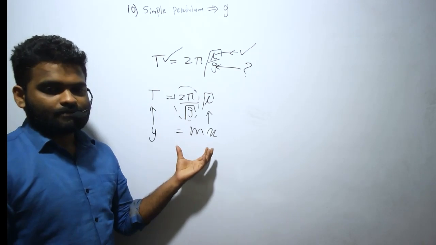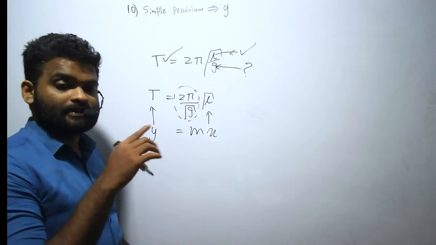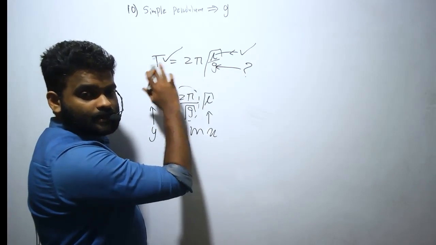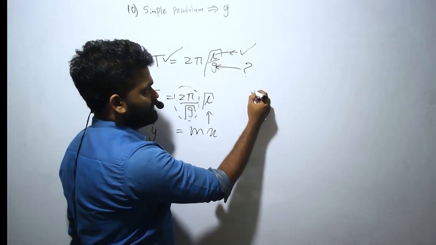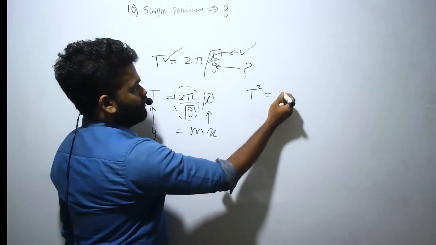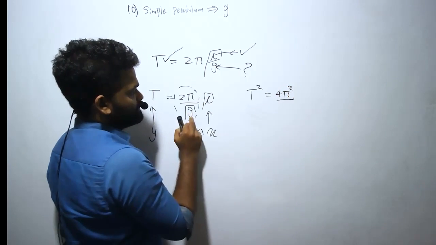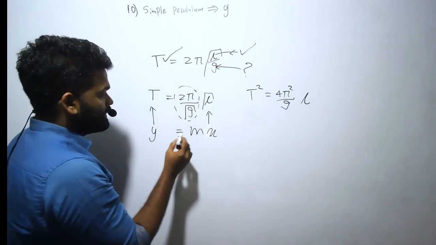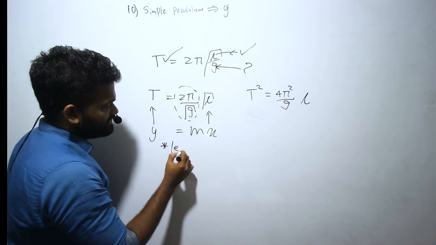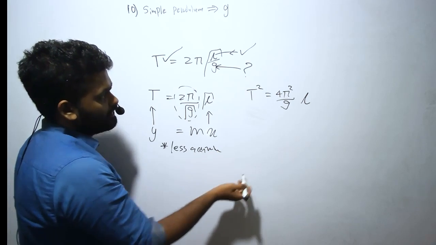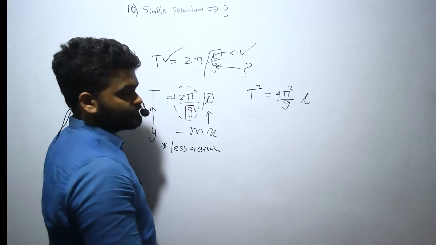The more accurate method is, in the book you can see, they have squared both sides, right? What do you get when you square this? T squared equals 4 pi squared divided by g, times L. This one is less accurate. This one is more accurate.